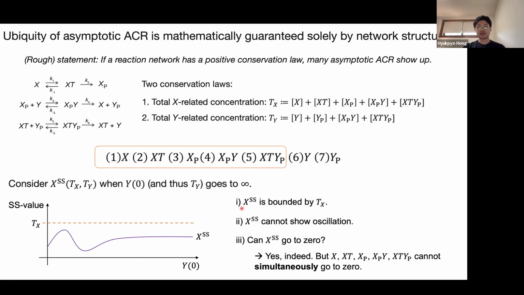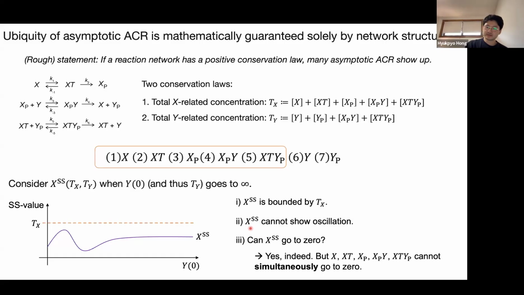The first one is that the steady state curve is always bounded by the total concentration of X, because increasing the level of Y cannot increase the total concentration of X. So T sub X is a fixed constant, and because T sub X is the summation of all the five species and they are non-negative, the X steady state level is always bounded by the total concentration of X. You see that the upper bound, this orange dotted line, bounds this purple curve.